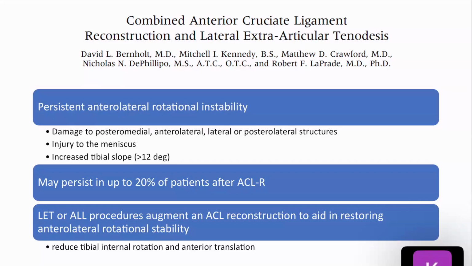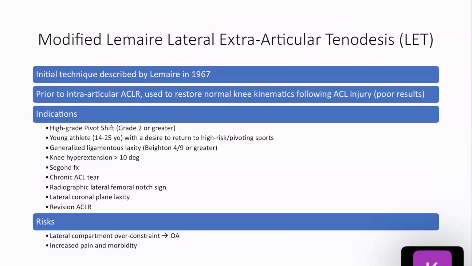Originally it was created potentially to treat ACL tears and did not have good outcomes, but now it's being used to augment ACL reconstruction and to aid in restoring stability and prevent the anterolateral rotational instability that some patients may continue to have.